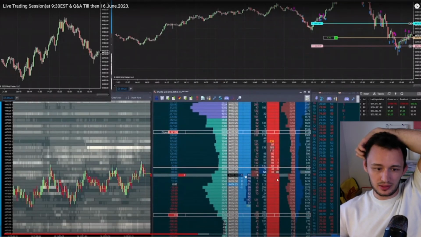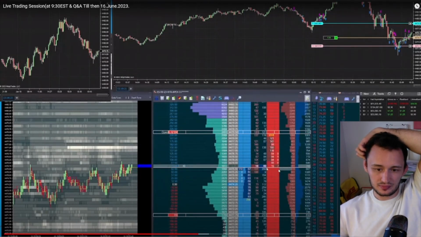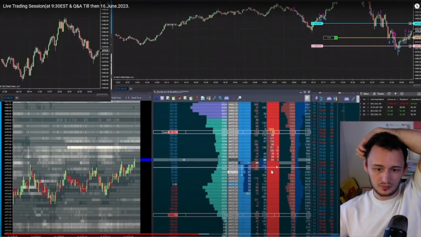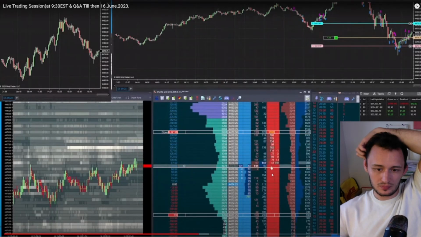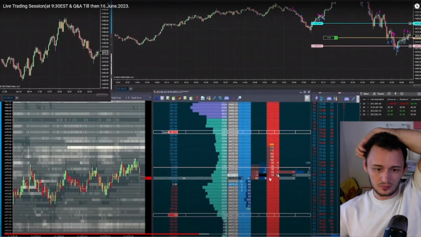It's trying to break, but it's really struggling here. The 76s. Now it's falling completely in here.